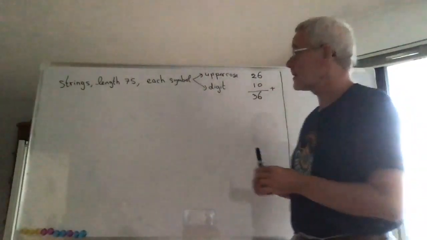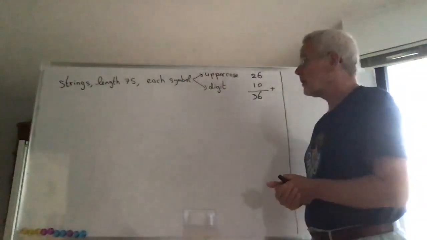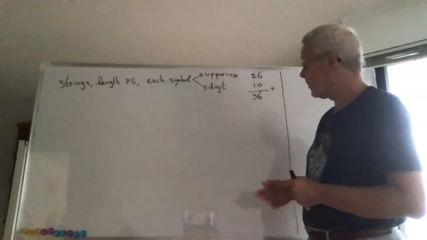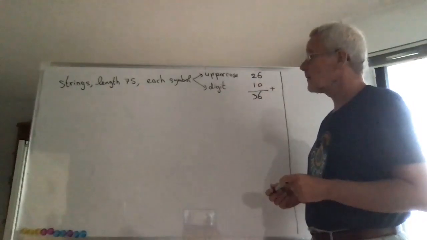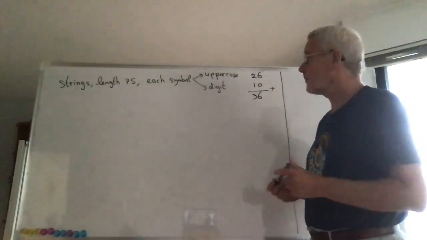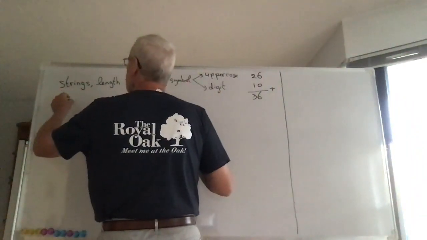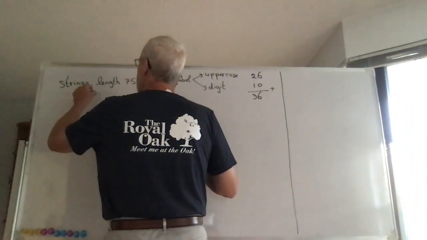So we do this 75 times, and the total number of strings of this type is 36 times 36 times 36, and this 75 times. So the answer is 36 to the power 75.